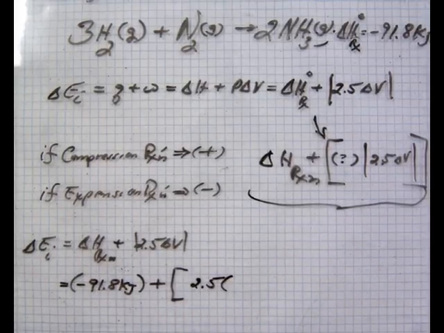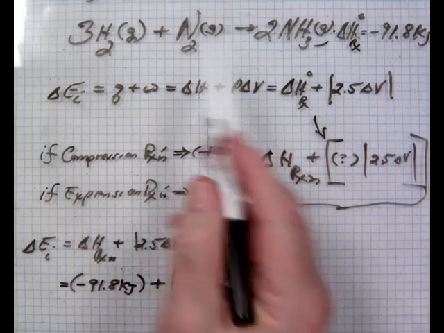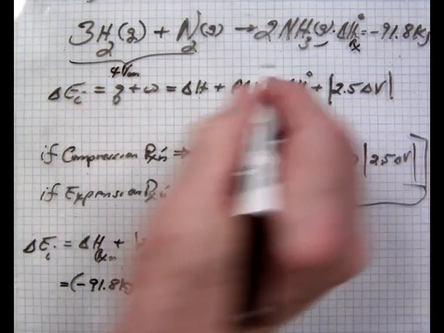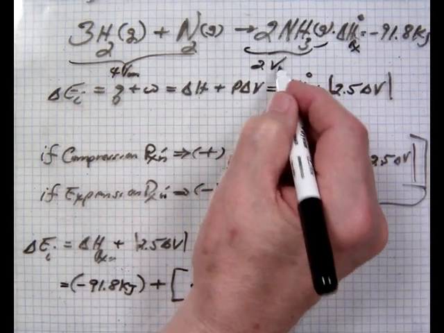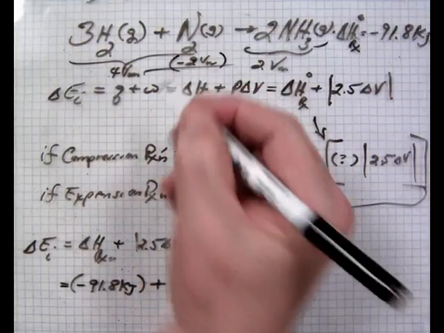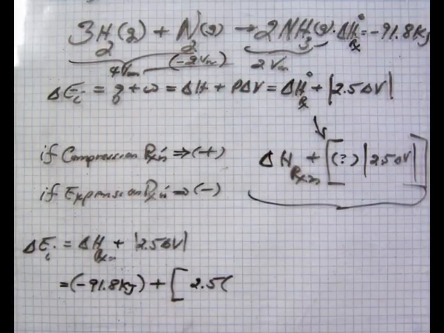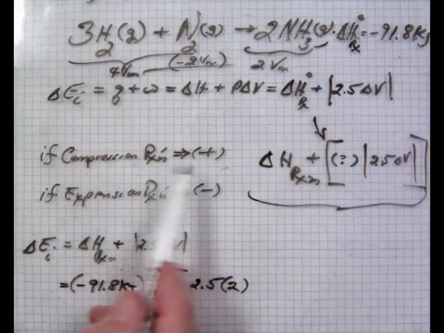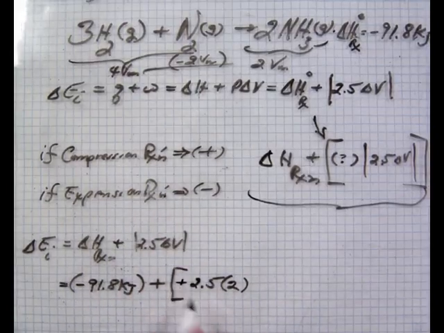2.5 times the change in volume. Well, the change in volume is from 4 molar volumes to 2 molar volumes, so that's a 2 Vm decrease. What do I put here? I just put a 2. That's all you need to do. Whatever that delta V is from the equation, you put a 2 on there. If it is a compression reaction, then I need to put a plus right there.